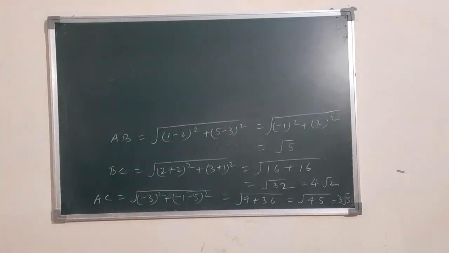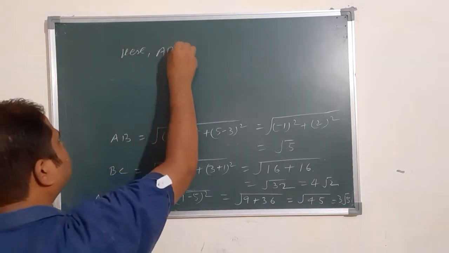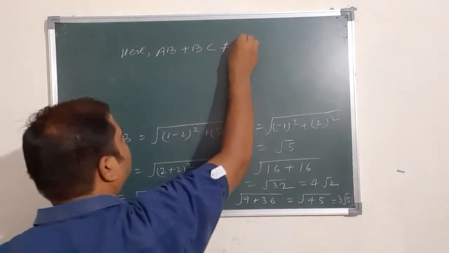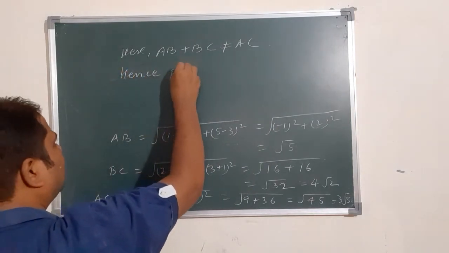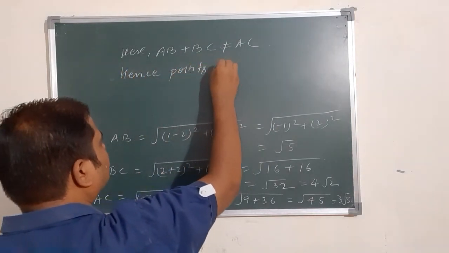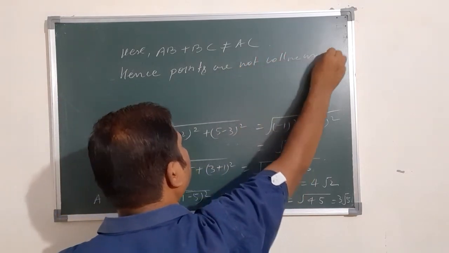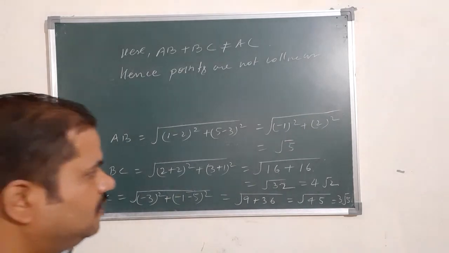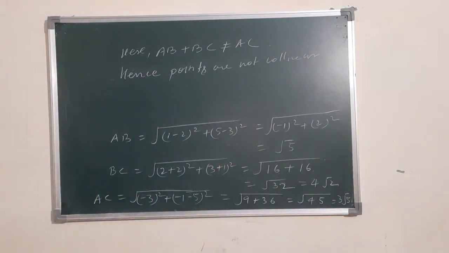AB plus BC does not equal AC, hence the points are not collinear. Okay. Now the next one, question number 4.